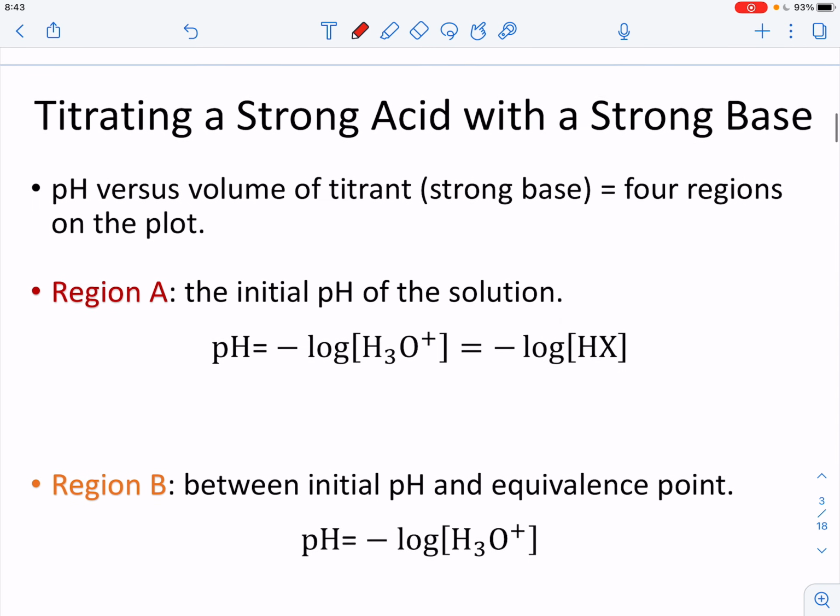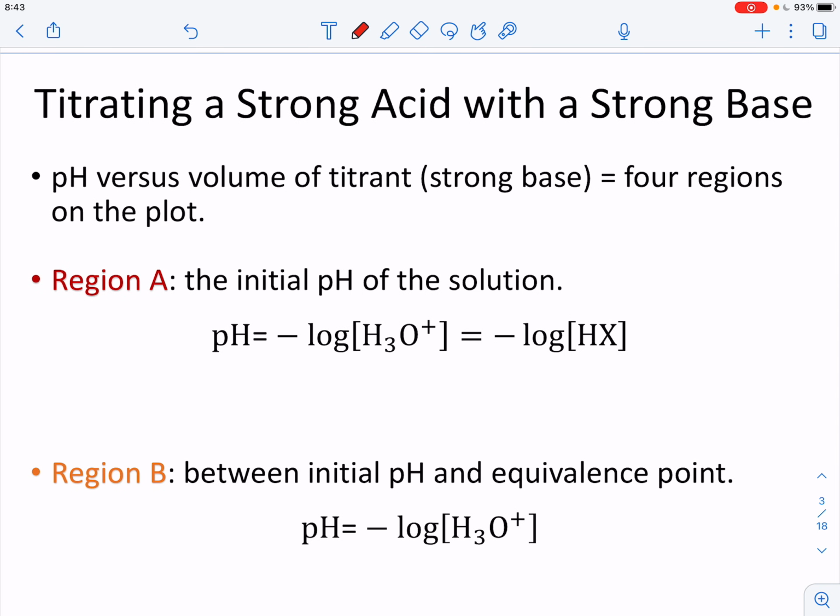When you are titrating a strong acid with a strong base, basically what you do is make a graph of how the pH changes as you add the base. So it's a graph of pH versus volume of base added, and we can clearly identify 4 regions in this plot.